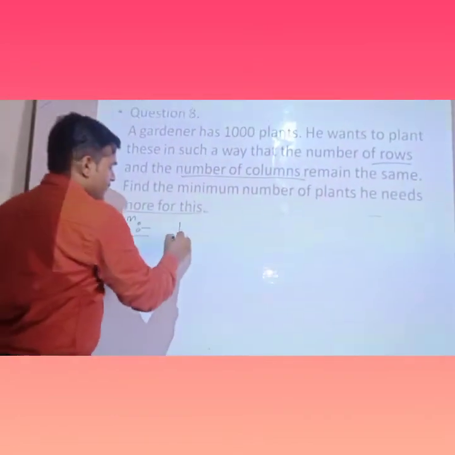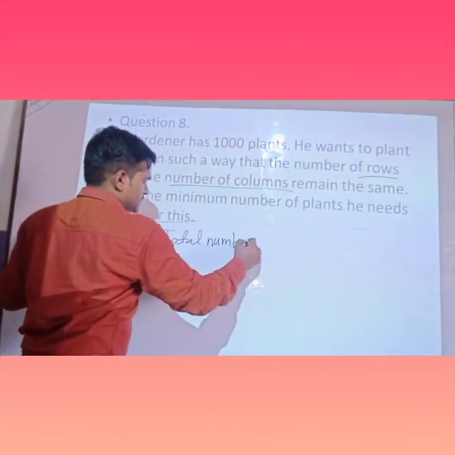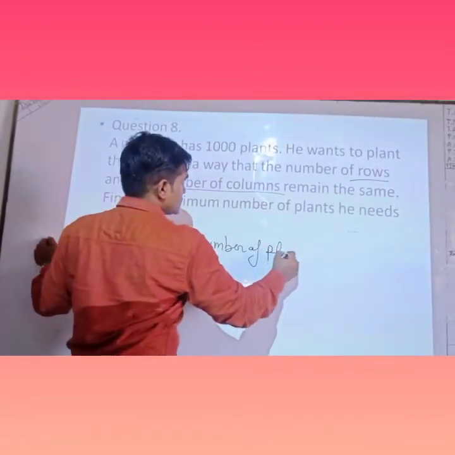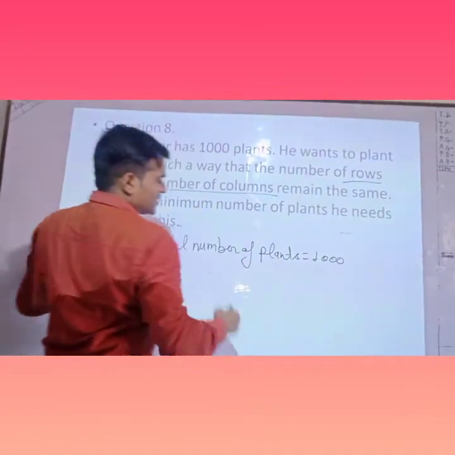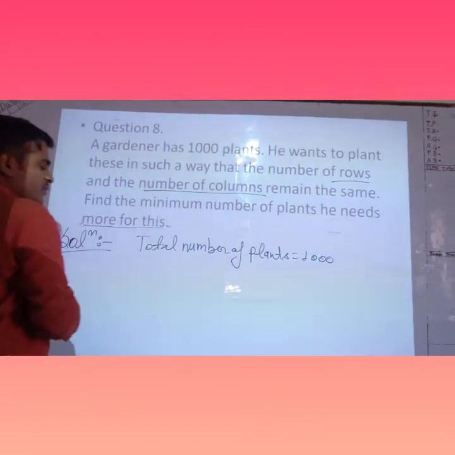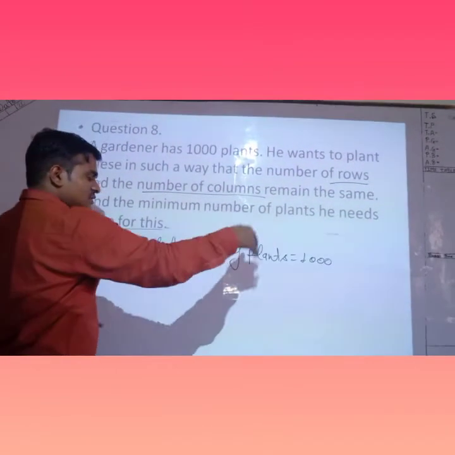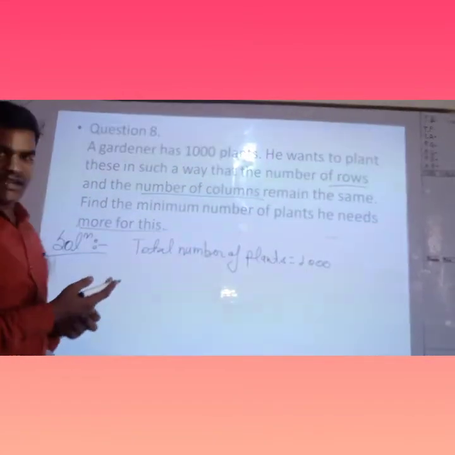So total number of plants is equal to 1,000, but 1,000 is not a perfect square, so we make it a perfect square. So how many minimum plants are needed?